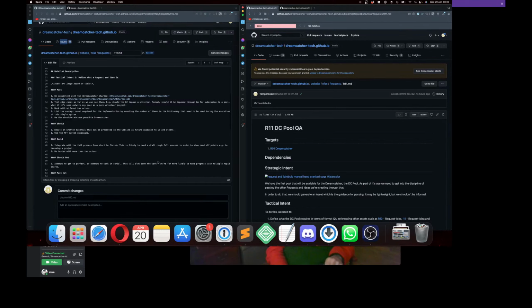R10 cannot have any dependencies. Yeah, I agree with that. We'd have to add an additional must into R10 to say you must run this through a pool in order to prove the process, and then there will be a dependency on a pool. I don't think we can ask it to run itself. That's too much of a brain teaser. We're going to disappear up our own arse. Okay, so no dependencies. That's fine.